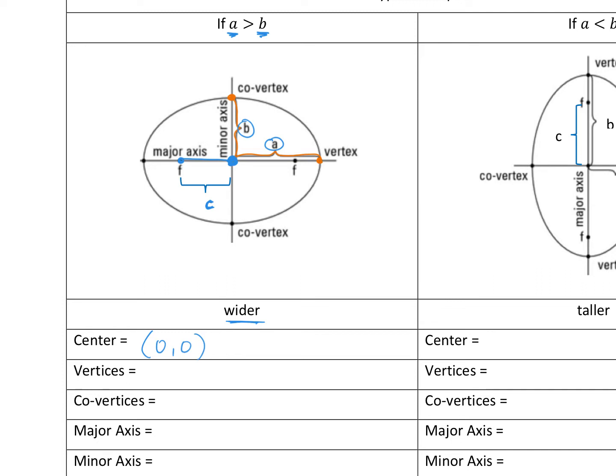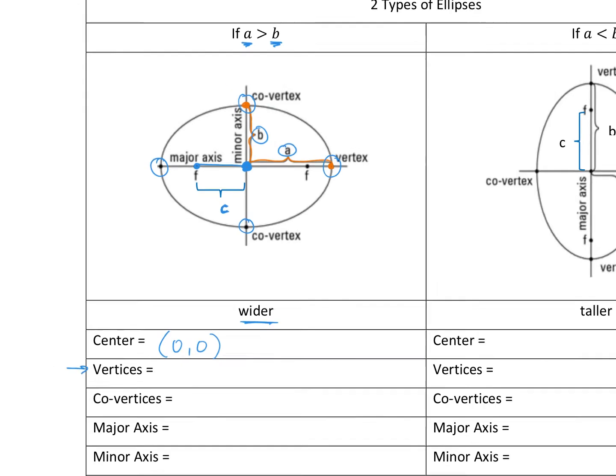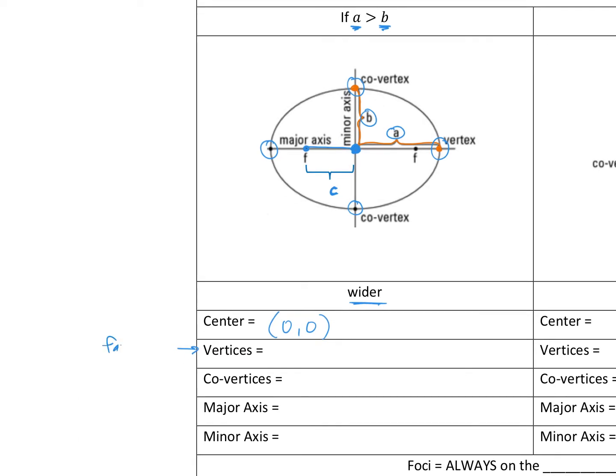Our vertices are going to be whatever is farthest from the center. So it's tempting to go, okay, well, we have points here and we have points here. Maybe our vertices are the ones on the y-axis. It's always the ones that are farthest from your center. That means it's always going to be a length of A, right?